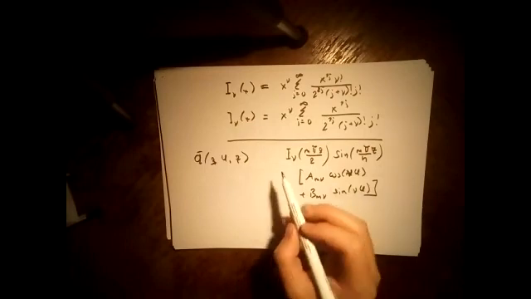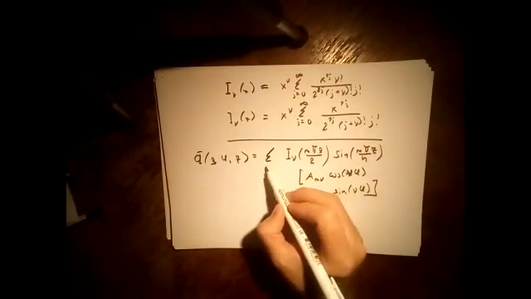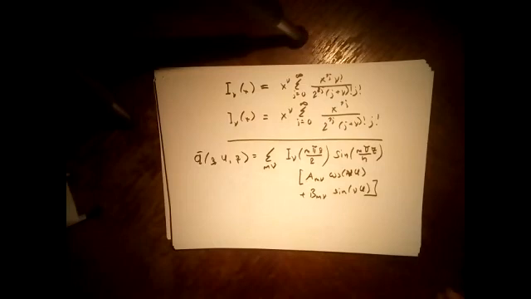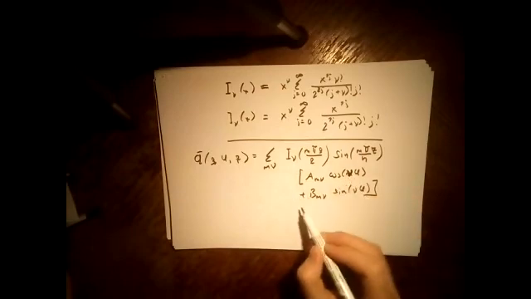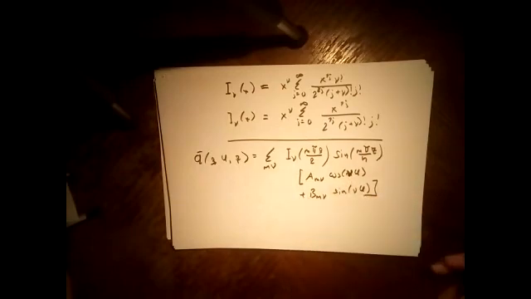And this has to be summed over m and nu. So this is actually the full solution. The only thing is that one has to, of course, determine the coefficients a m nu and b m nu by inverting two sets of Fourier series.